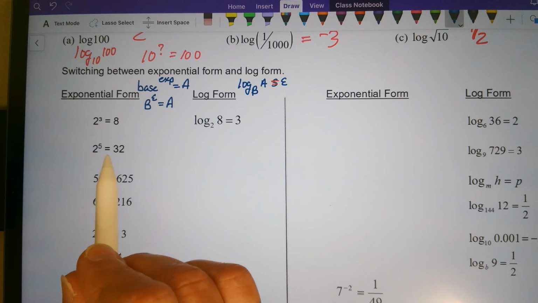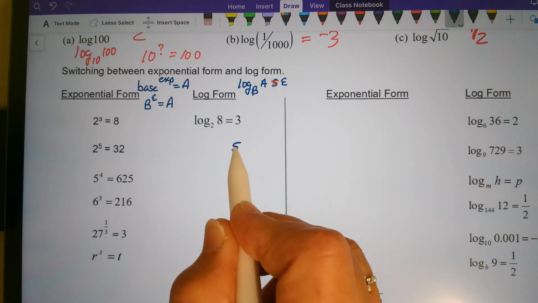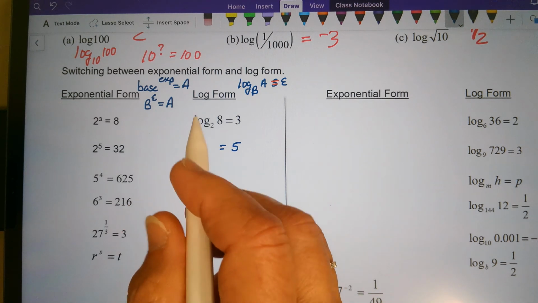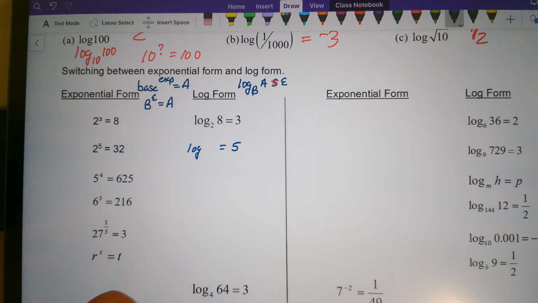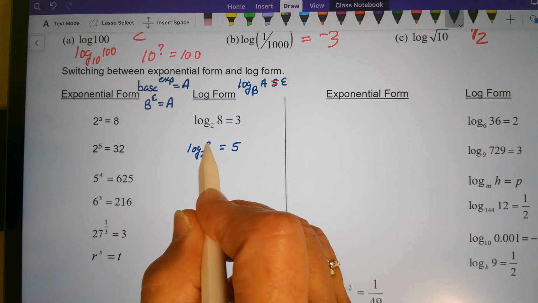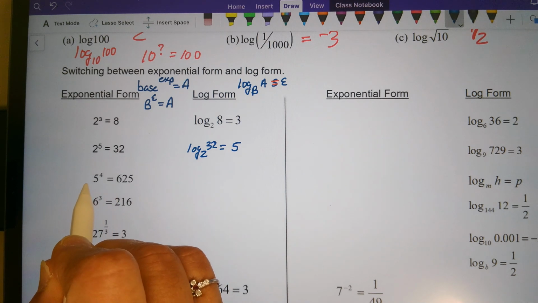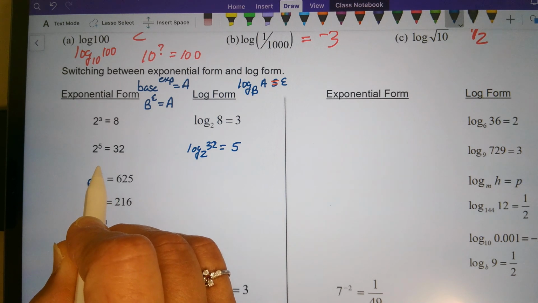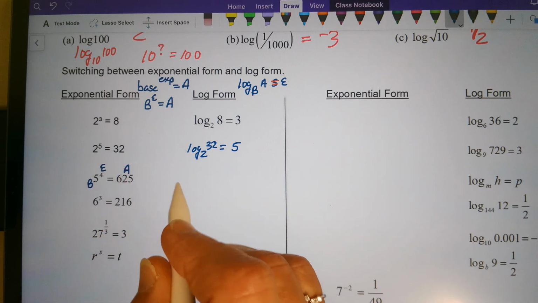Here, 2 to the power of 5 equals 32. Well, the exponent 5 is equal to log base 2 of 32. 5 to the 4th equals 625. 5 is our base, 4 is our exponent, and 625 is our answer.